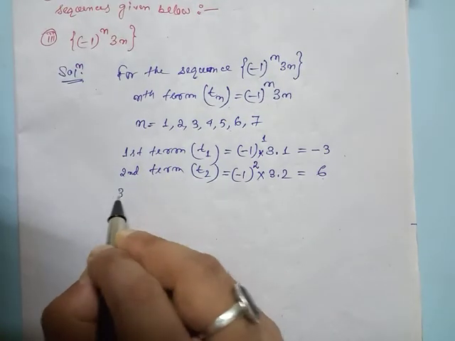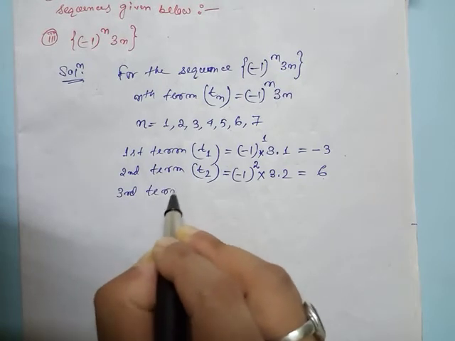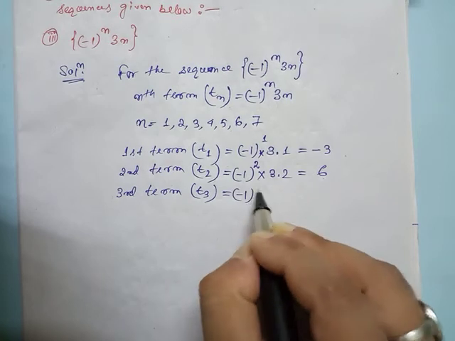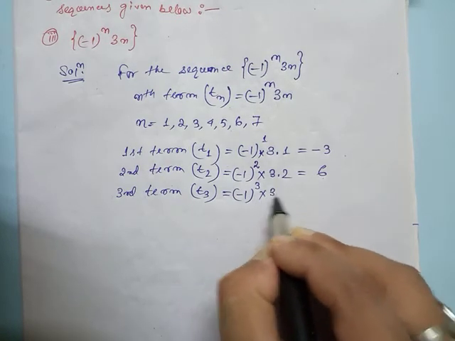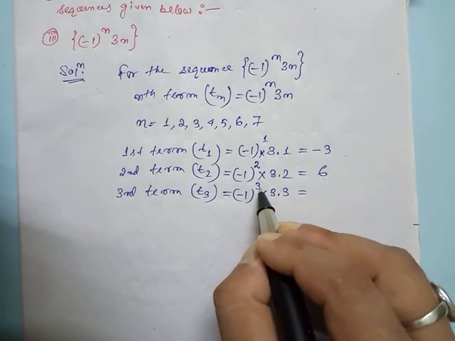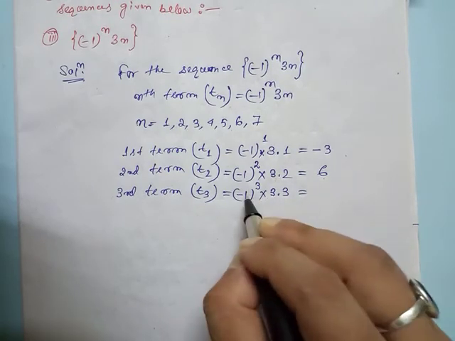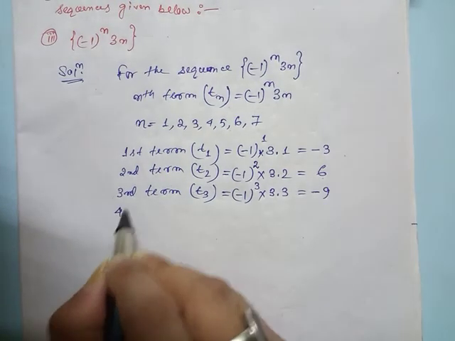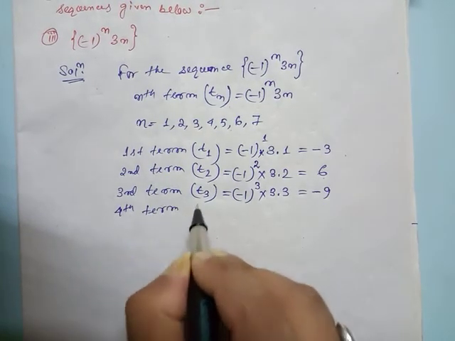Now third term, t3. Now minus 1 to the power 3 into 3 into 3, minus 1 with an odd power becomes minus 1. 3 threes are 9, means minus 9. Fourth term, t4.